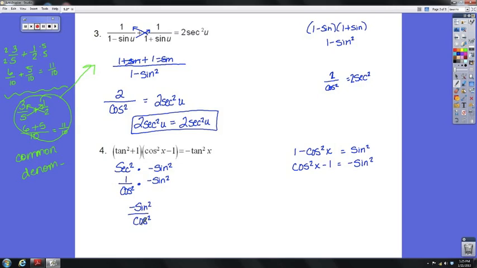And isn't sine squared over cosine squared tangent squared? Yes. And you have a negative. So you are at negative tangent squared of angle x. That's the left-hand side. Negative tangent squared of angle x on the left equals negative tangent squared of angle x on the right.